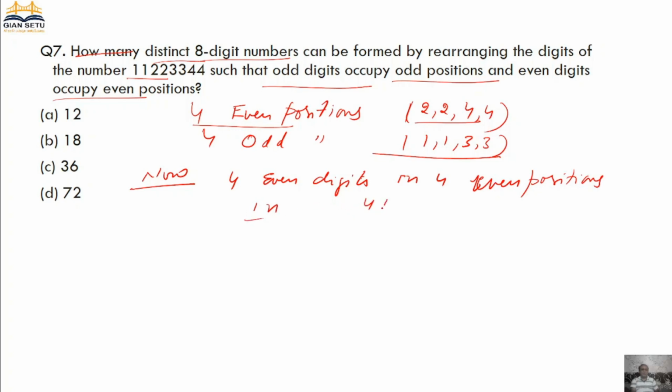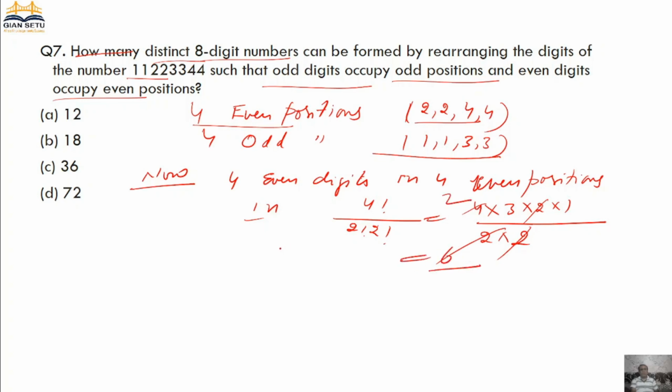That is 4 factorial on 2 factorial into 2 factorial, and it will be equal to 4 into 3, 2, 1 divided by 2 into 2, we cancel out 2 here, and similarly we cancel out 4 with 2, we get 2 here, and it is equal to 6.